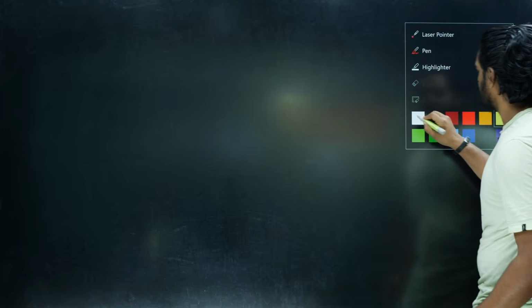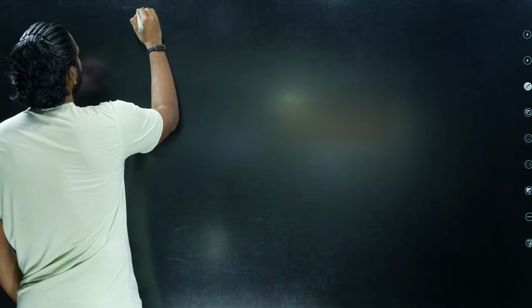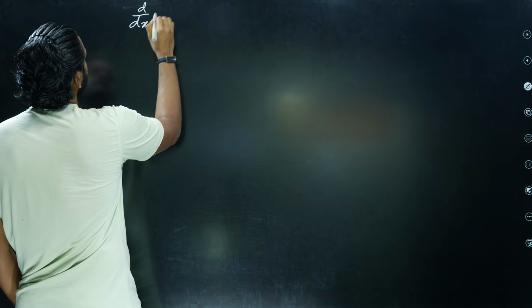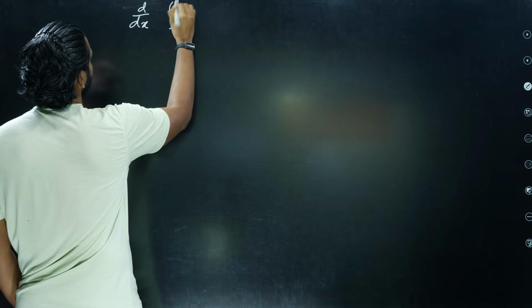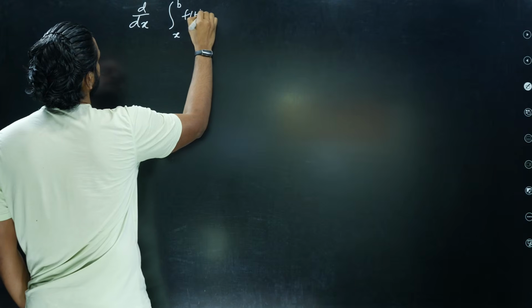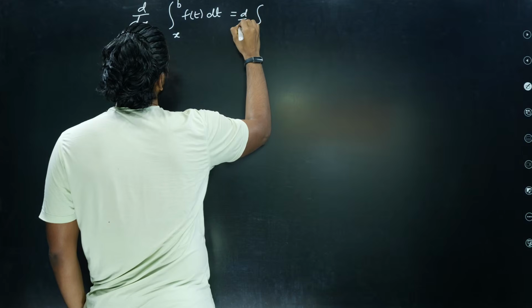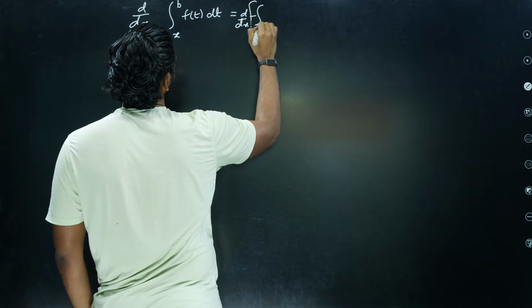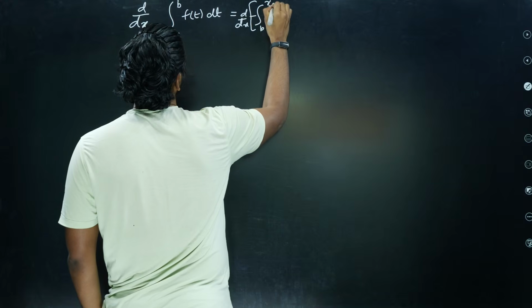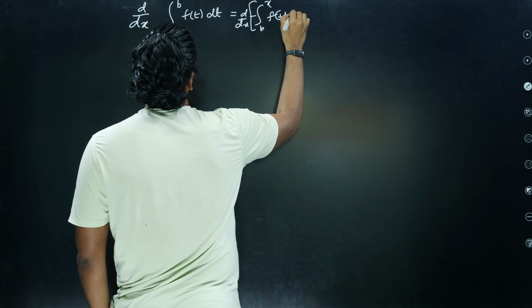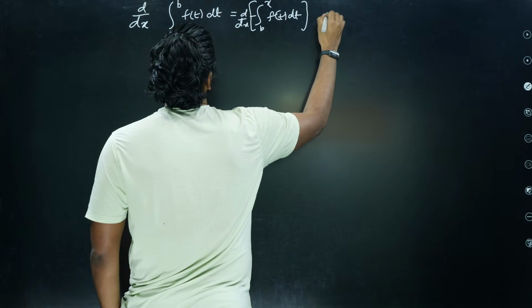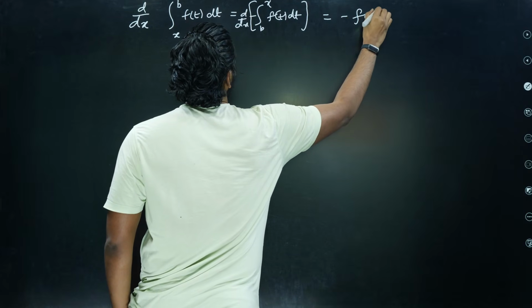Alright, now what did Newton do with this? One thing I want you to note is that if you differentiate from x to b, that is simply dy/dx of minus integral b to x f of t dt, and this happens to be minus f of x, right?